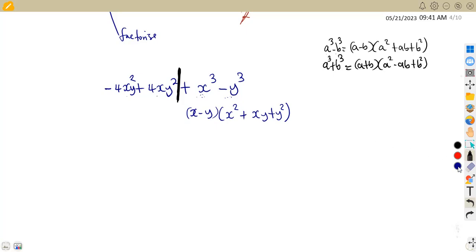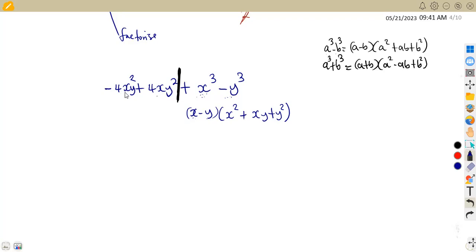So this is what we are obtaining from x cubed minus y cubed. When we factorize these 2 terms, we must also obtain x minus y from these 2. So what can we factor out so that we obtain a positive x and a negative y?